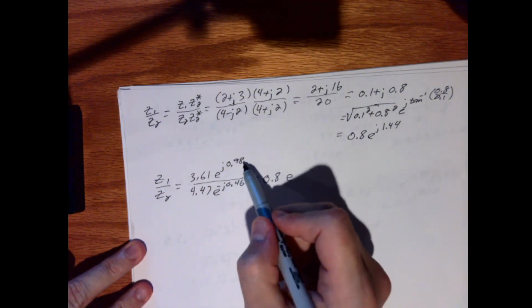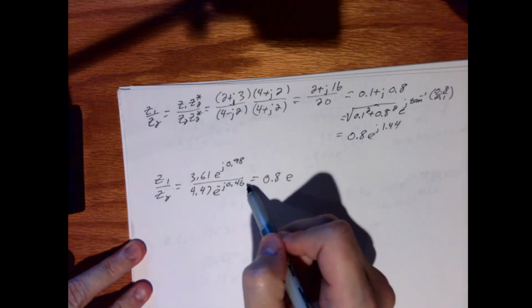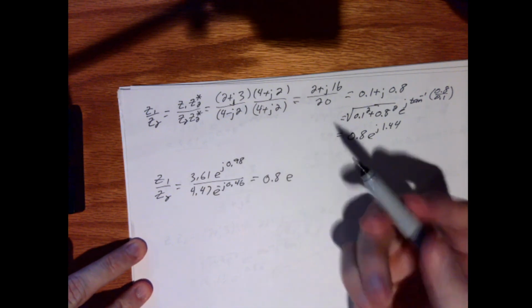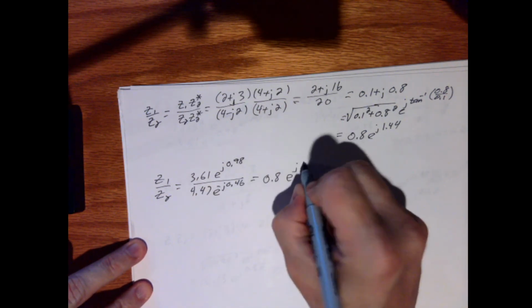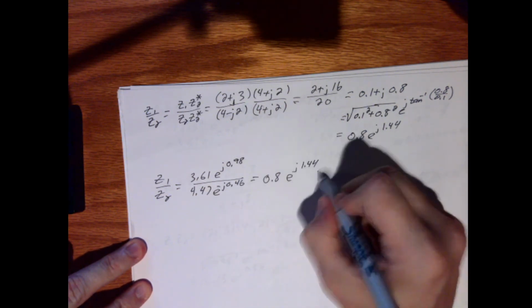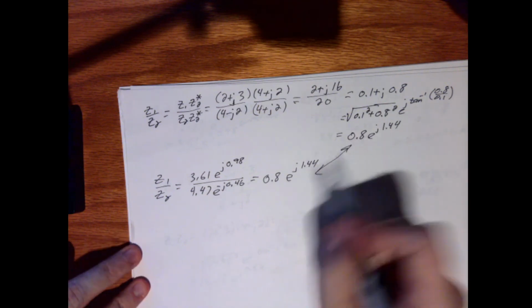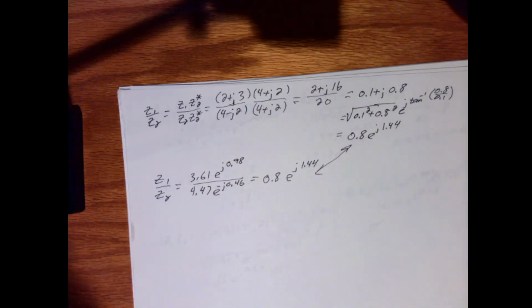And then I have 0.98 minus a minus 0.46, so it's actually going to be greater than 1. And with some rounding off, I got about the same thing. All right? So there's how to work it out by hand.